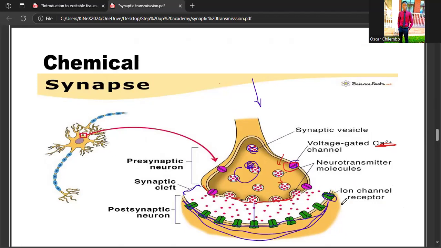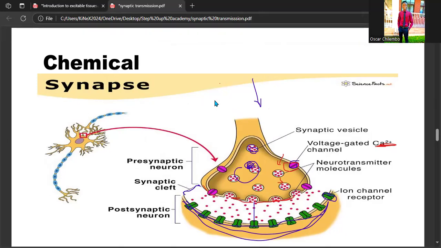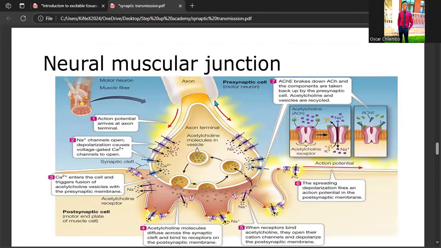Each and every neuron makes its own action potential, so another action potential is generated in the postsynaptic neuron. This goes on and on until it reaches the effector muscles, for you to feel what's happening in your body.